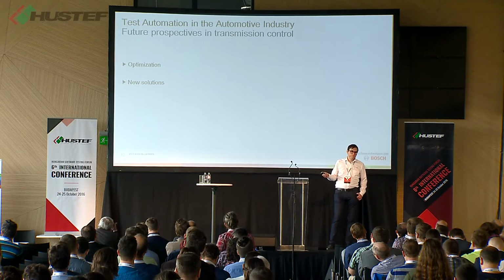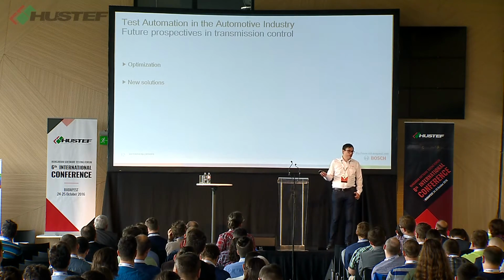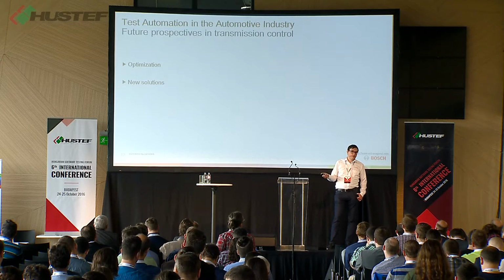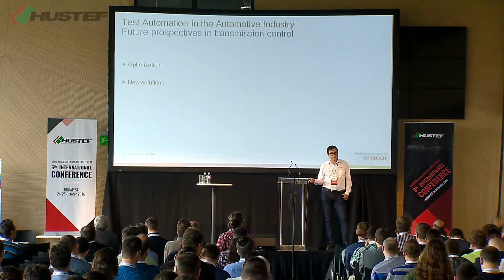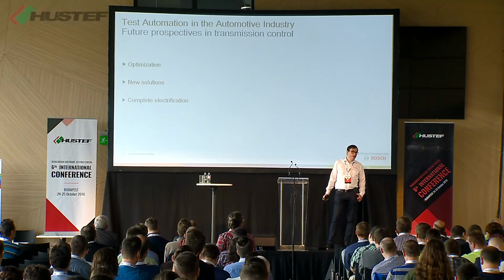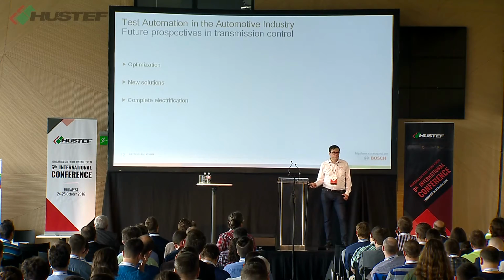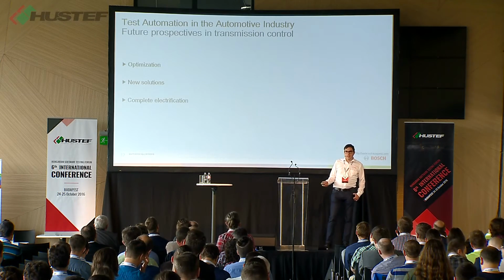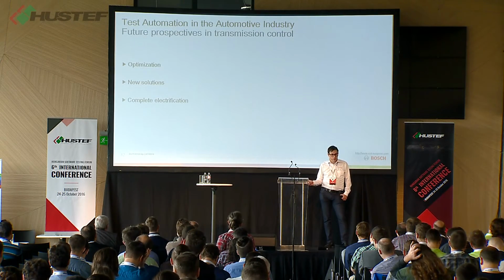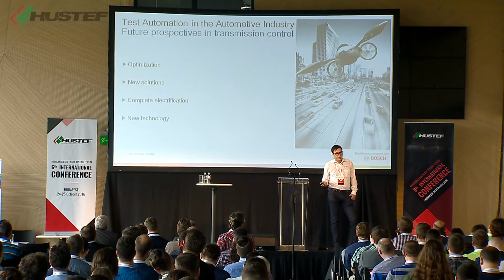Perhaps it's not the best number of gears, or there will be new solutions for that. Or I don't know if you read the news or heard that the automotive industry tends toward complete electrification with autonomous driving and stuff like that. Or perhaps brand new technologies arise.